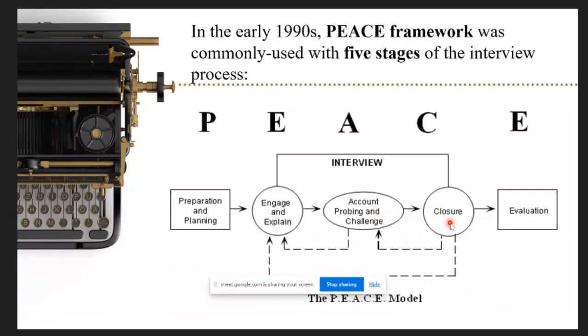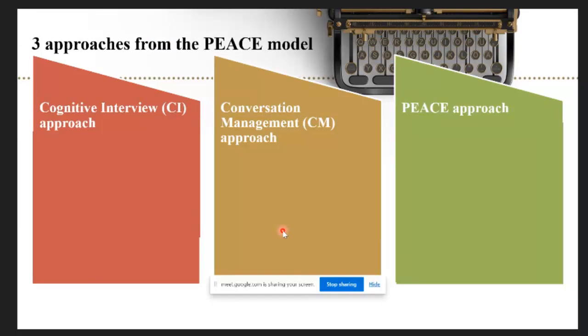And in the closure stage, they will summarize what has been said and give the interviewees a chance to add any extra information or any alteration, before coming to the evaluation stage. So as you may see, the majority of time in interviewing focuses on the interviewee.